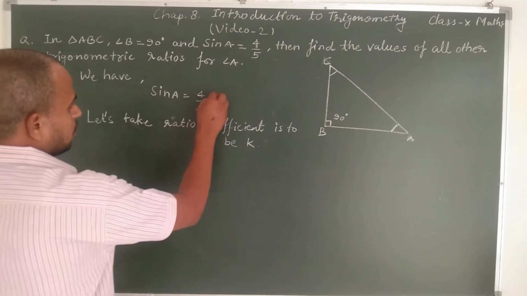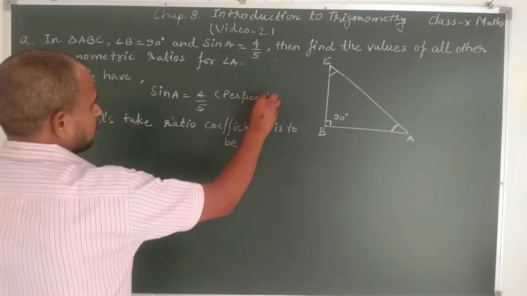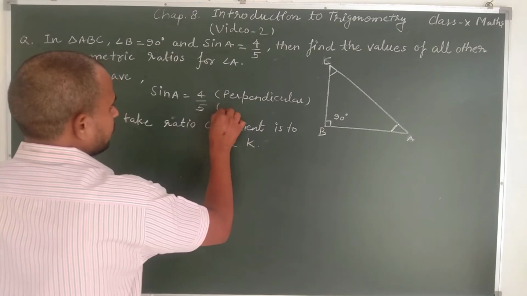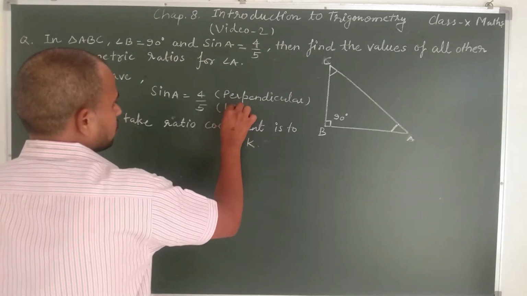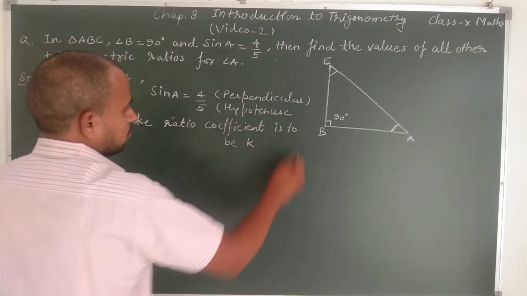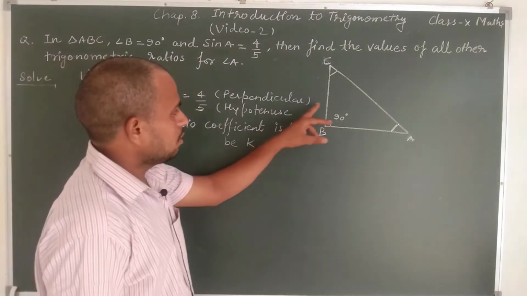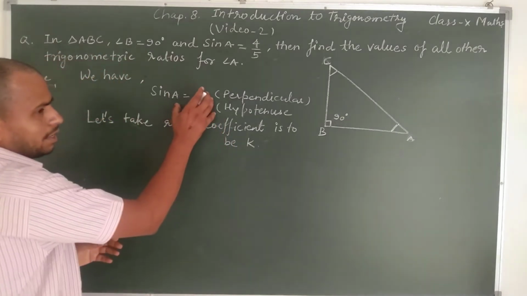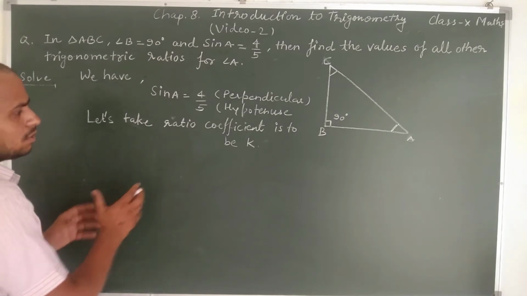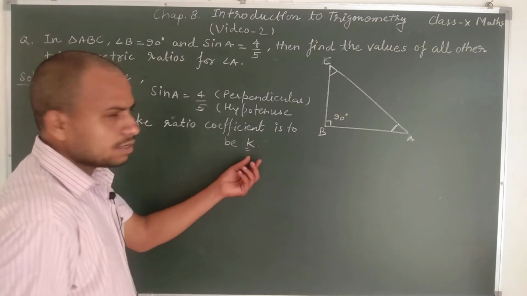In sin A, 4 is the perpendicular and 5 is the hypotenuse. This is the ratio. If we find the sides with the help of this ratio, we have to consider a ratio coefficient. Let's suppose the ratio coefficient is k.